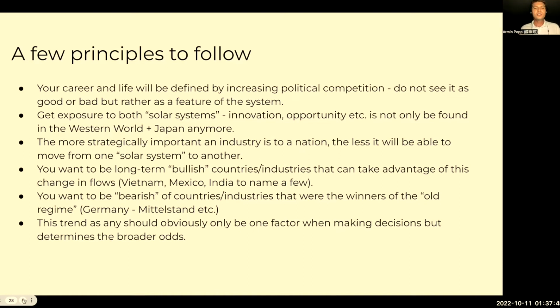The more strategically important an industry is to a nation, the less it will be able to move from one solar system to another. That's one takeaway from this change in the system. That's very important, because if you are an asset allocator, you will need to look at this.